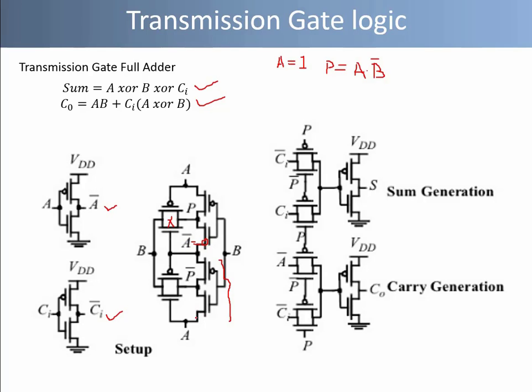Similarly, the source terminal of the NMOS transistor is connected to A, which is equal to 1. So these two transistors are turned off and this transmission gate is turned on. As a result, the input B is copied to the node labeled P complement. So we have a situation where P complement is equal to A and B.